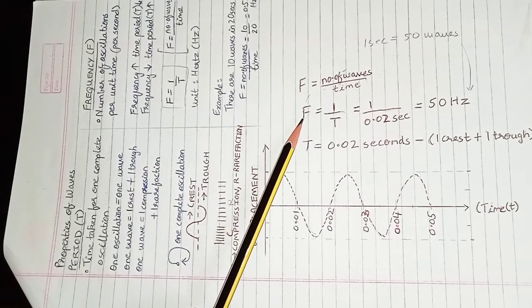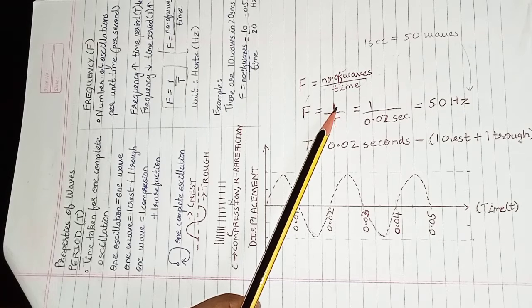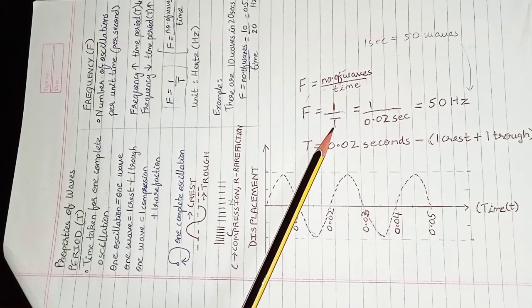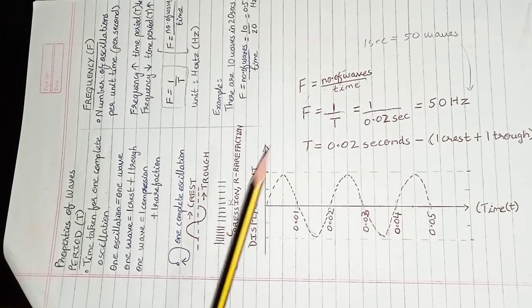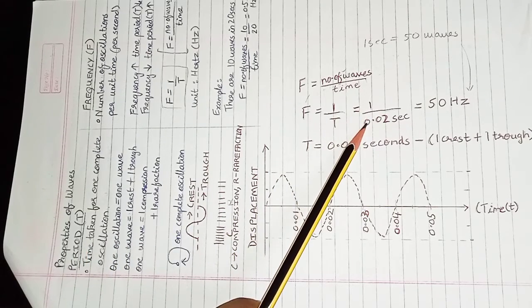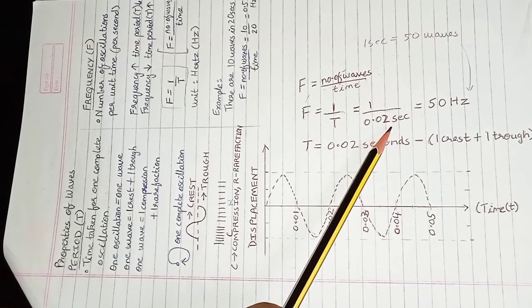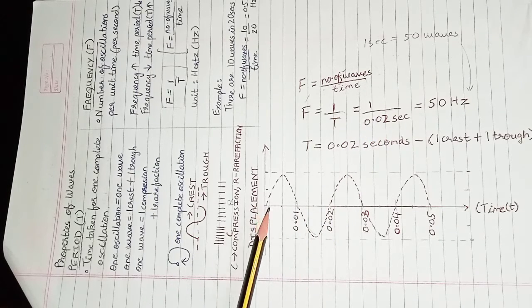So capital F is equal to one wave divided by T, which is the period. So 1 divided by 0.02 seconds. How we got 0.02 seconds, you can see over here.